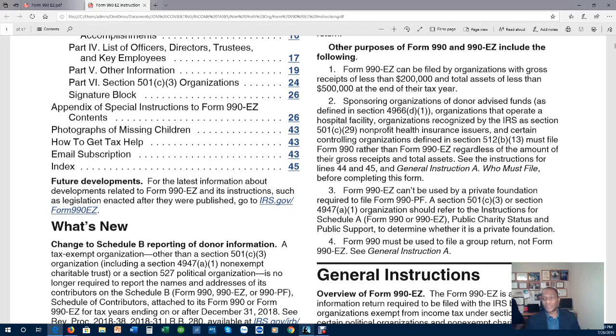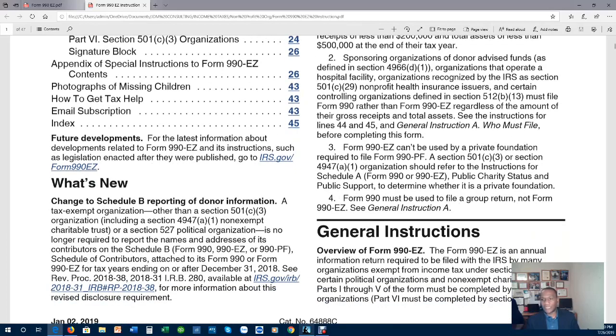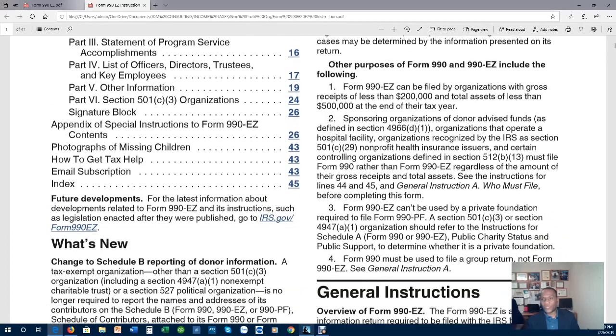So see the instructions for line 44 and line 45, and general instruction A, who must file, before completing this form. Basically, that's the general purpose of the form.